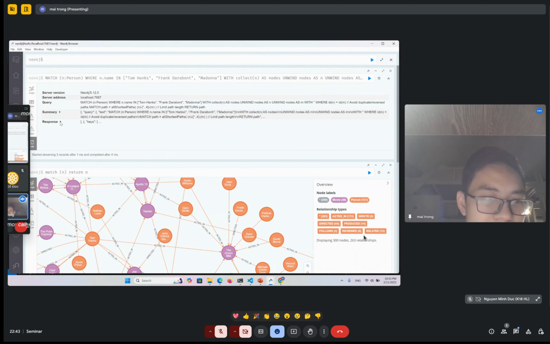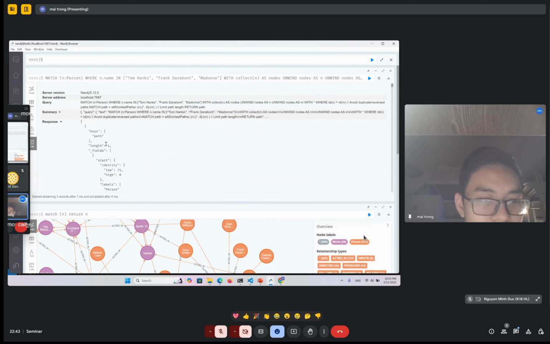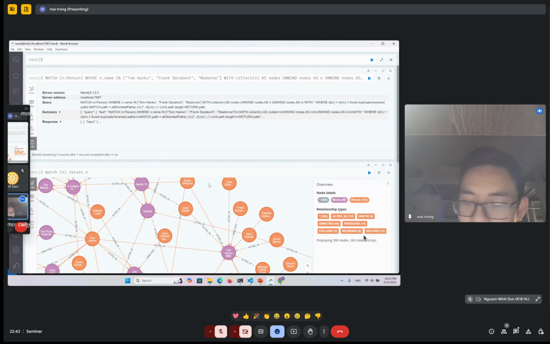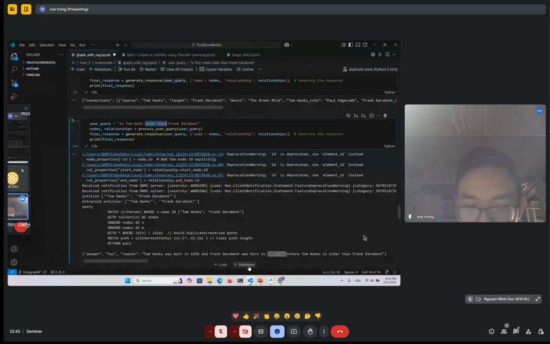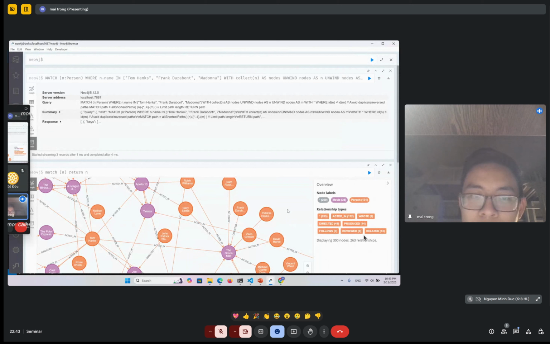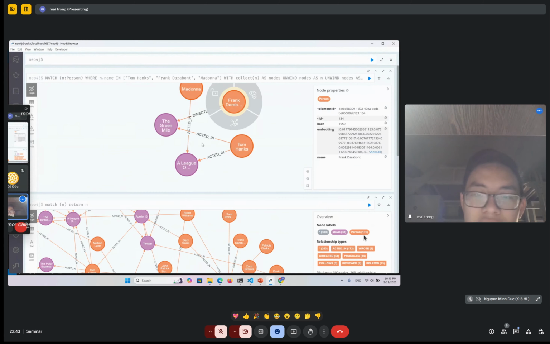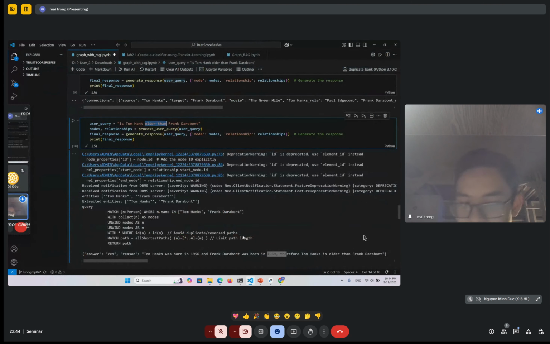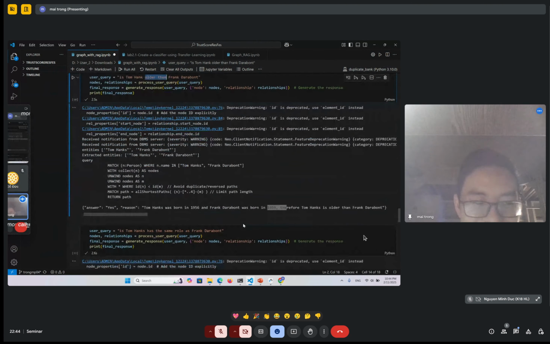Because of the embedding problem, it's quite hard to look at, but I can tell you that they have the information of the node Tom Hanks and the node Frank, so the LLM can access the information. That's why it can answer the questions. So that's how it works.